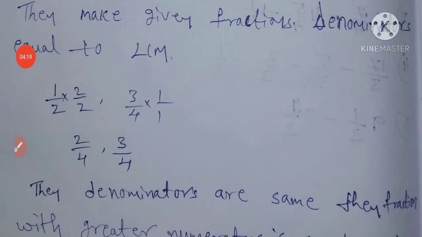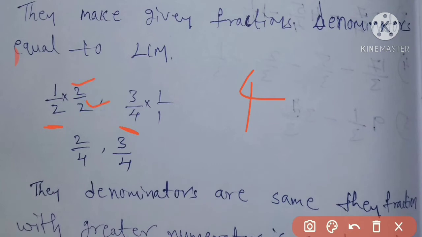Then make the given fractions' denominators equal to the LCM. So what is the LCM you are getting here? 4. Make this denominator equal to 4 and make this denominator equal to 4. For that, what do we have to do, sir? Divide and multiply this fraction 1 by 2 with 2.